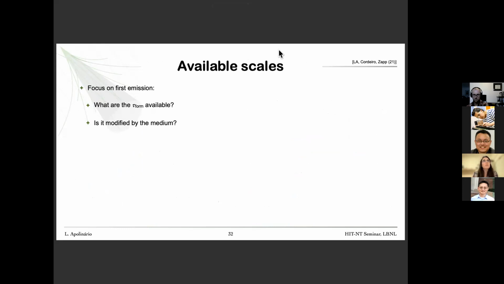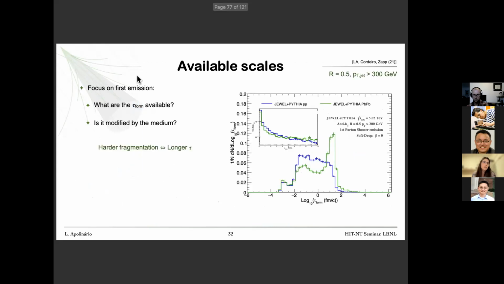Okay, so now that we have our proxy for the formation time, let's see what we could select out of it. The first thing we did was to look at the available timescales that we can withdraw with this formation time. This is the distribution that we have. In blue is the one in which we recover the formation time out of the dual vacuum, and in green the dual medium.